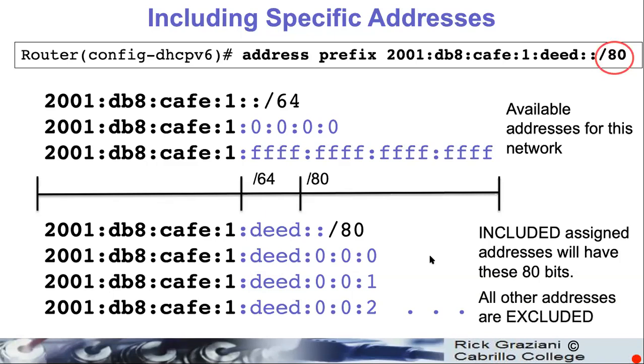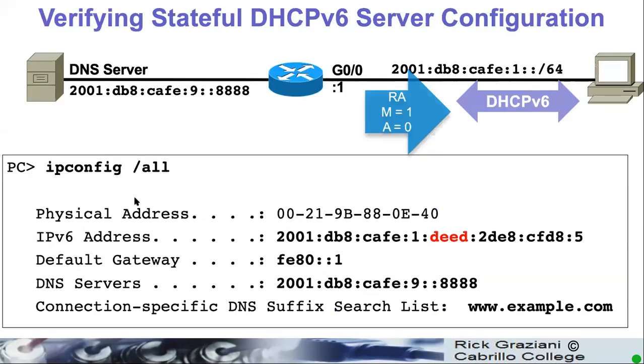This is actually pretty cool. And it's the only addresses that are allocated by this DHCPv6 server. So when we look at our client, we see this deed here? That tells me that is an address that came from that stateful DHCPv6 server.